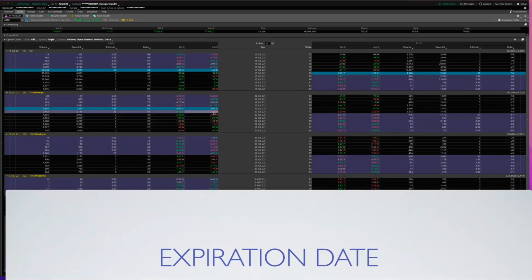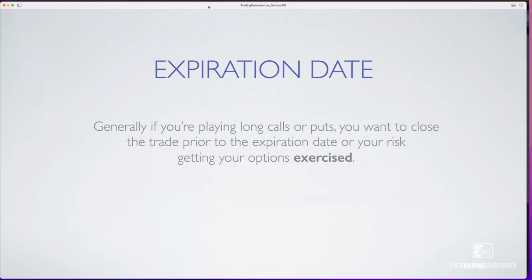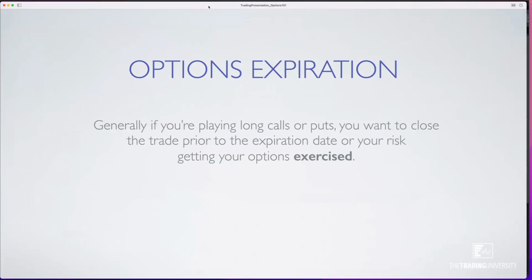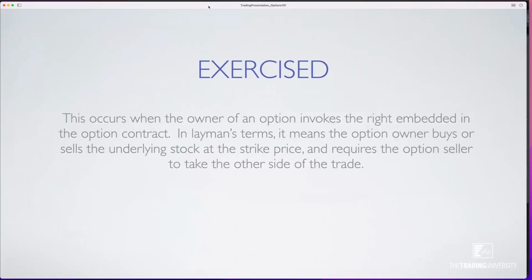And if the owners of those options are still holding them through that expiration, they risk getting exercised. And options exercise occurs when the owner of an option invokes the right embedded in the option contract. So in layman terms, it means the option owner buys or sells the underlying stock at the strike price and requires the option seller to take the other side of the trade.